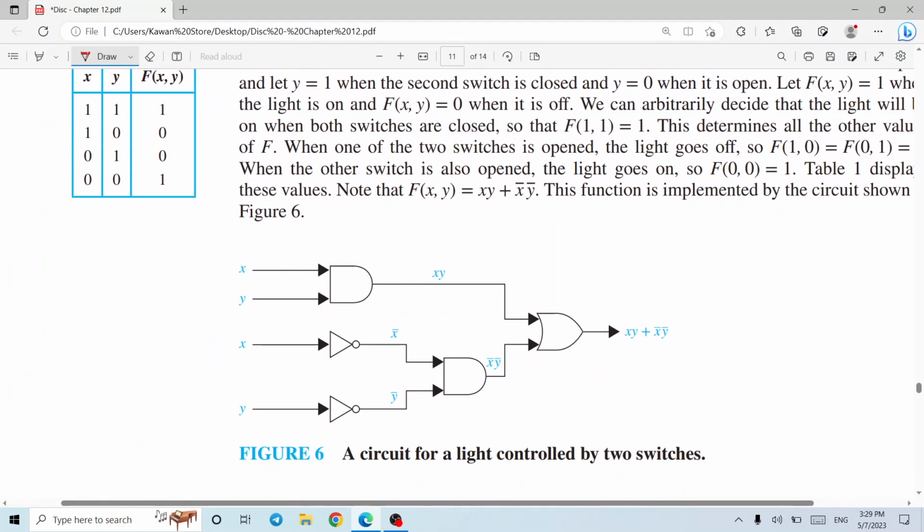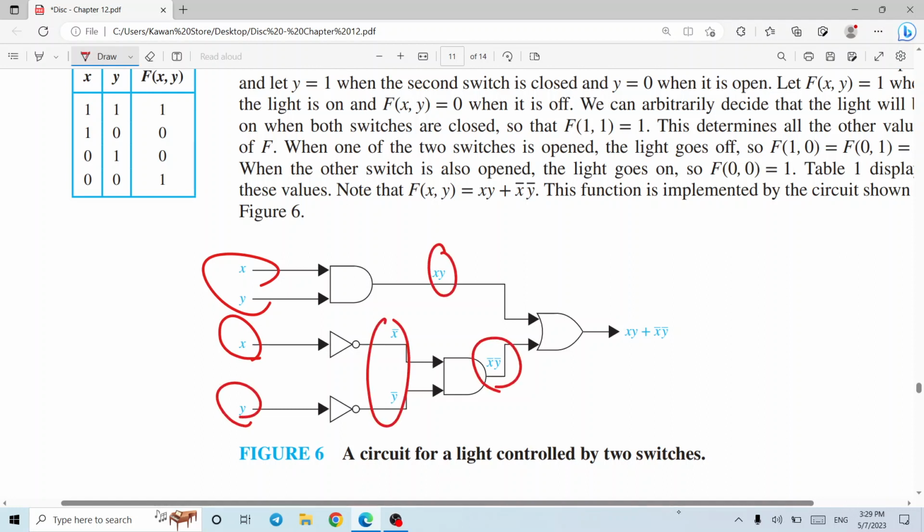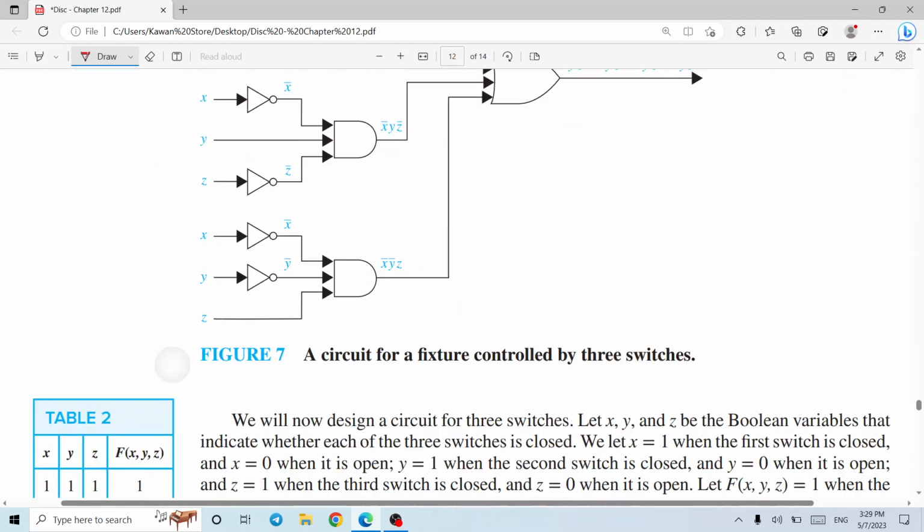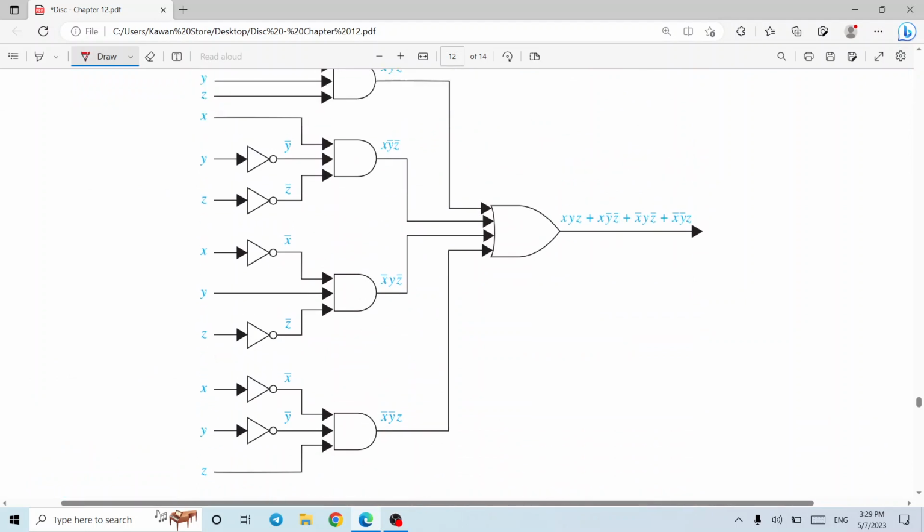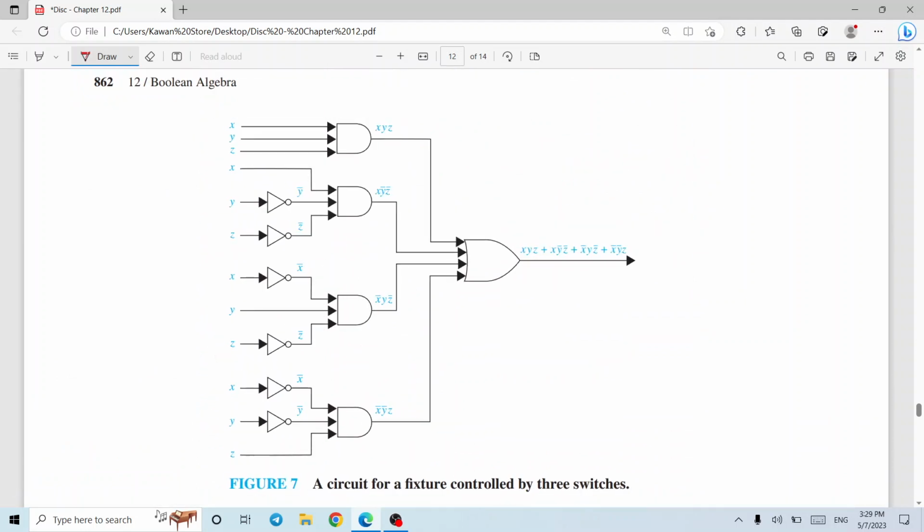How about using 0 and 1? Of course, you can deal with it. We have a 1, 0, 0. We have XY and negation X, negation Y, then and between them, again or between them. Clear? Good. This is your exam type, right?